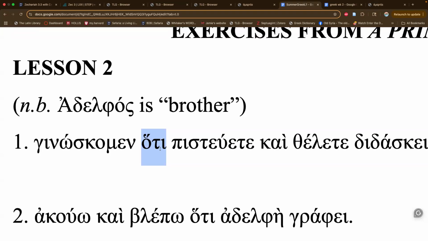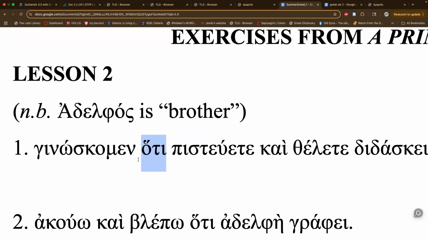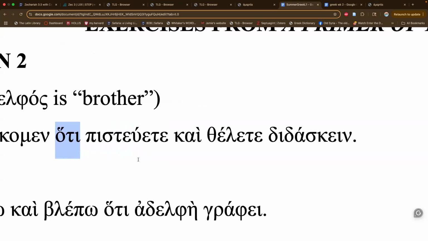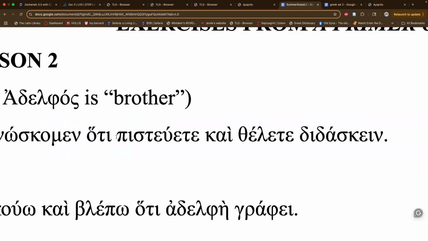So note the breathing mark. Yep, there you go. Hoti, very nice. Very nice.